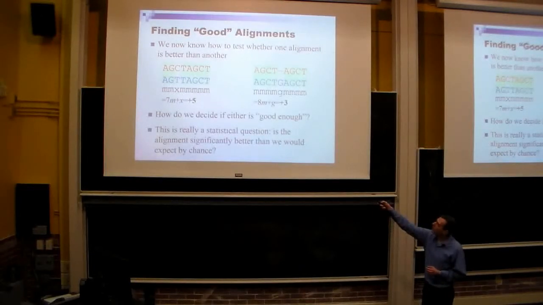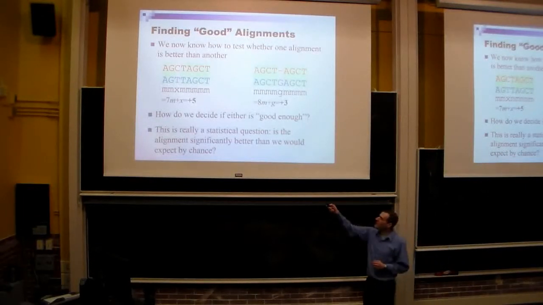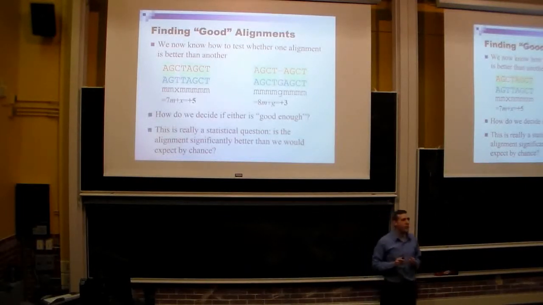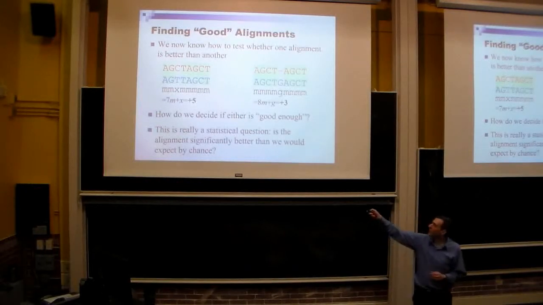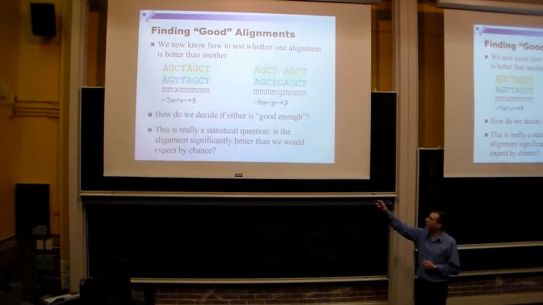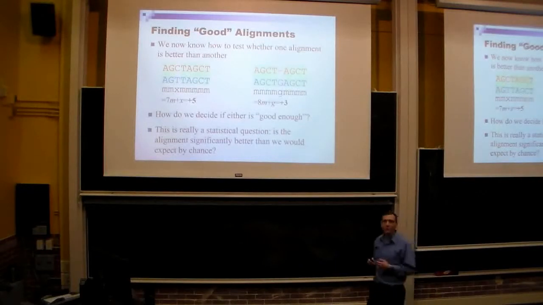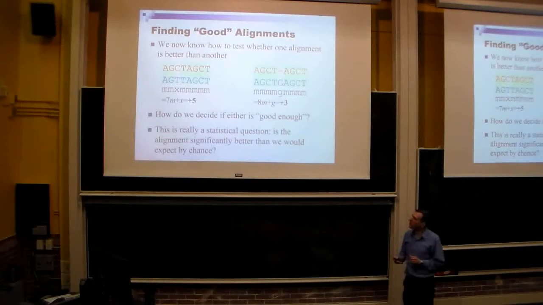We can say that relative to this scoring function, this alignment is better than this alignment, but it may be that neither of these alignments is actually good evidence that the query sequence is a significant match to the database sequence. The query may be completely unrelated to both of these, and we can't tell that from the scores. It may be related to both of these, and again, we can't directly tell that from the scores.